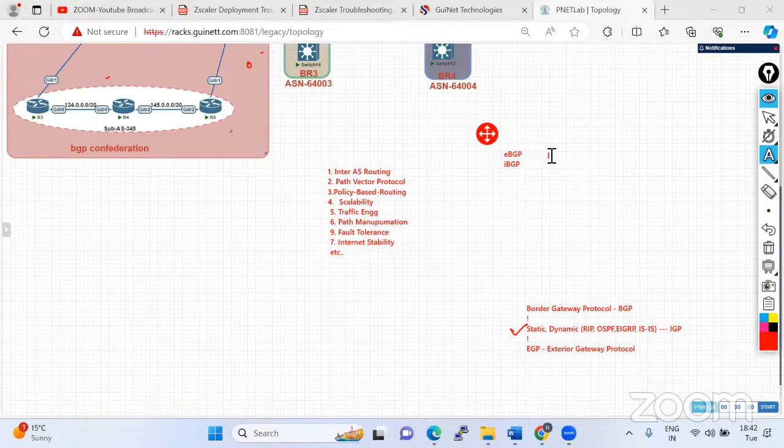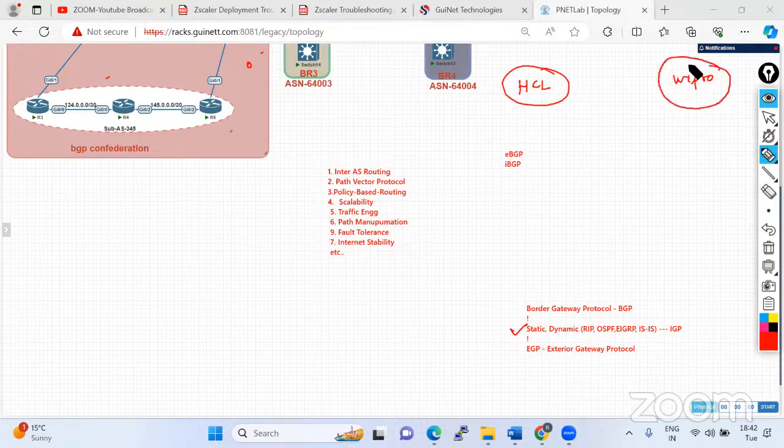If I talk about eBGP, let's say you want to run BGP between two organizations. One company is SCL and one company is Wipro. These are two different companies. And you want to make connectivity between these two companies, so this company has an AS number, let's suppose AS number 10, just an example, and the other AS number 20.